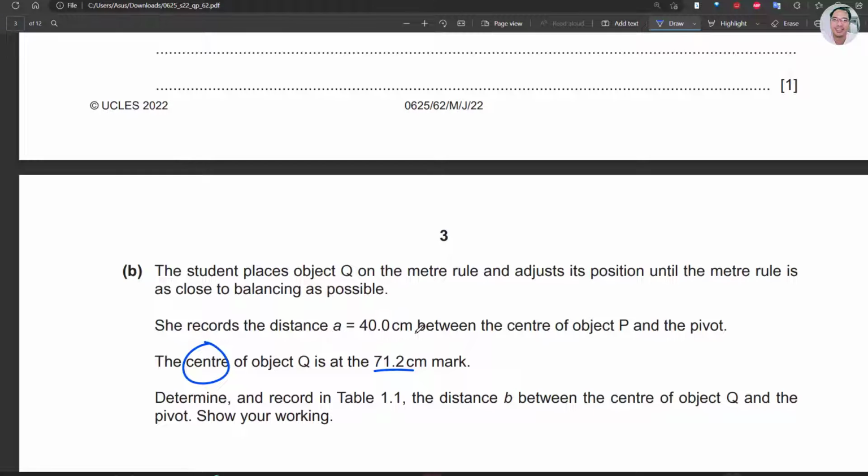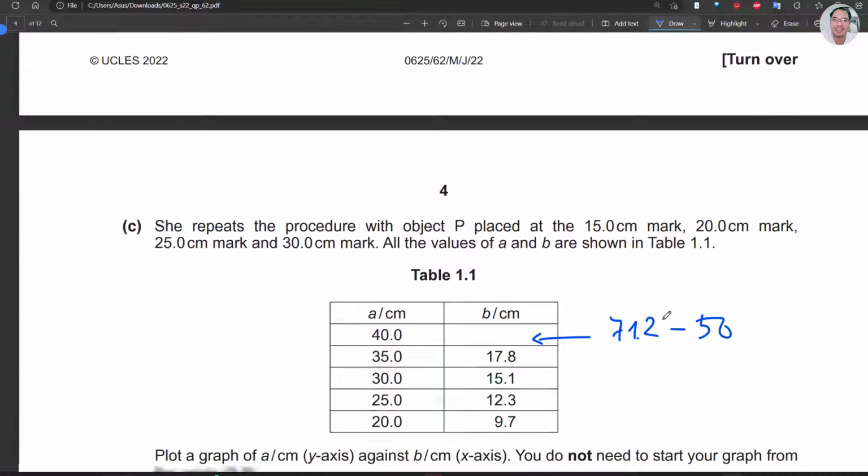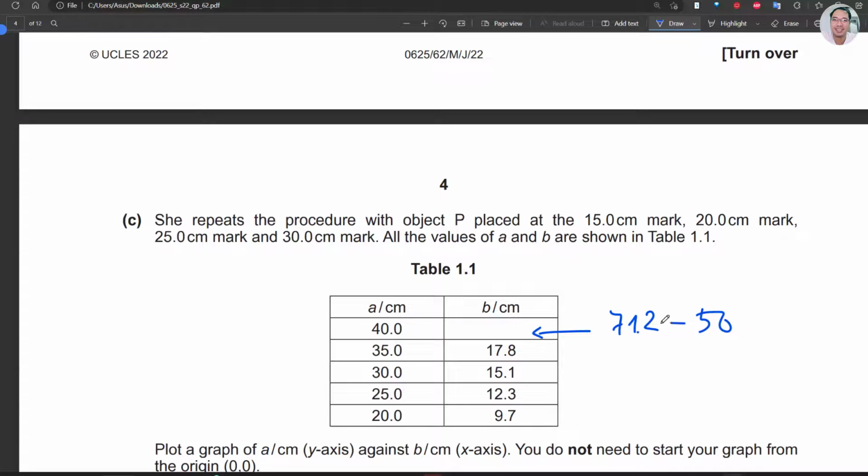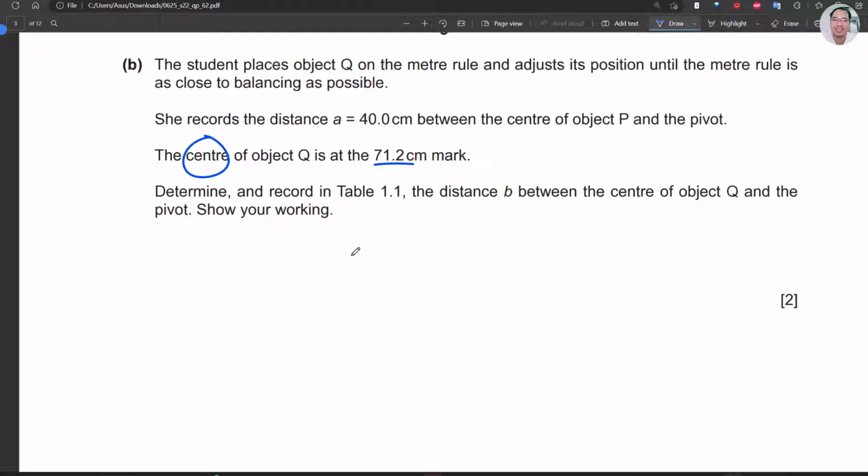So we simply subtract 71.2 by 50. That is 21.2. Show your work. Just show it here. 71.2 minus 50. 21.2 centimeter.